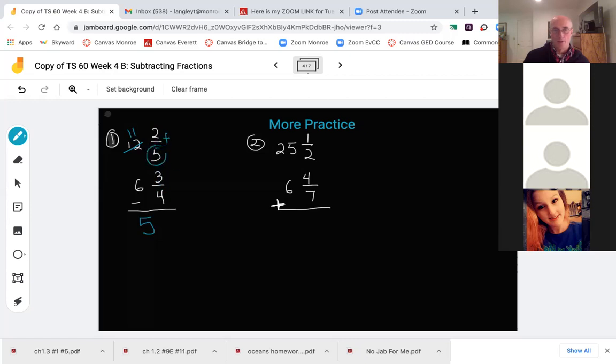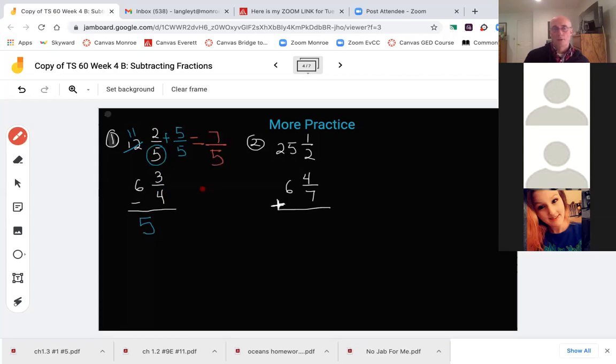Hopefully it doesn't confuse you in your notes. Because I'm adding to that, the version of 1 that I'm choosing is 5 over 5. Now I can go ahead and add 2 plus 5 is 7. And the common denominator, 7/5.